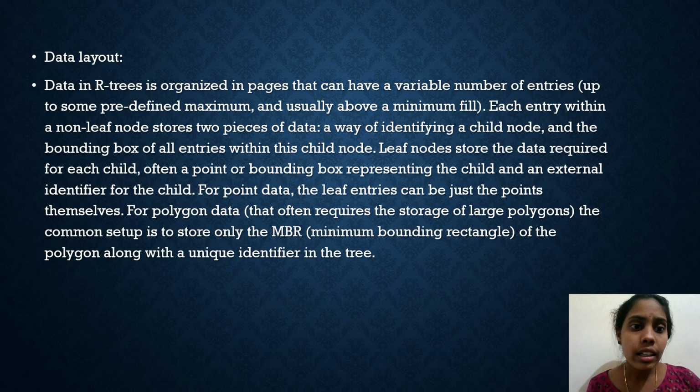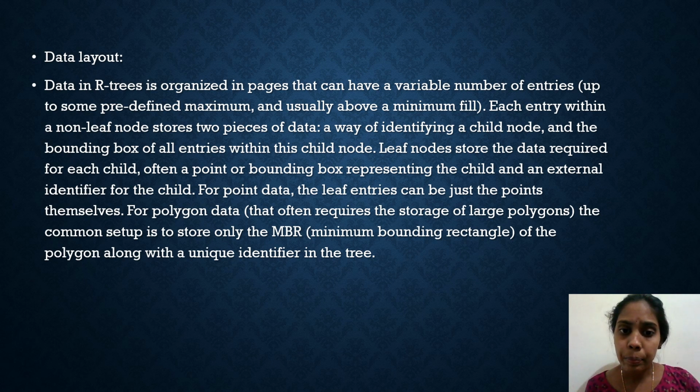Data layout. Data in R trees is organized in pages that can have a variable number of entries, up to some predefined maximum and usually above a minimum fill. Each entry within a non-leaf node stores two pieces of data: a way of identifying a child node and the bounding box of all entries within this child node. A leaf node stores the data required for each child, often a point or bounding box representing the child and an external identifier for the child.